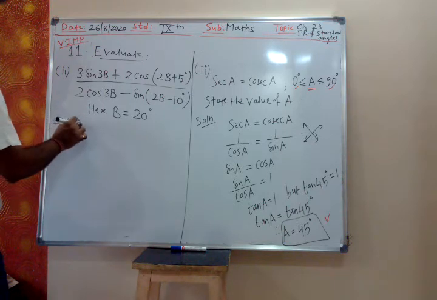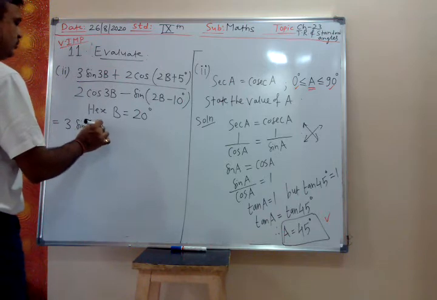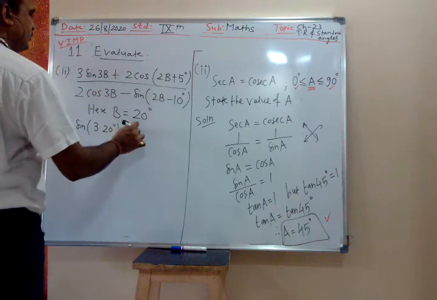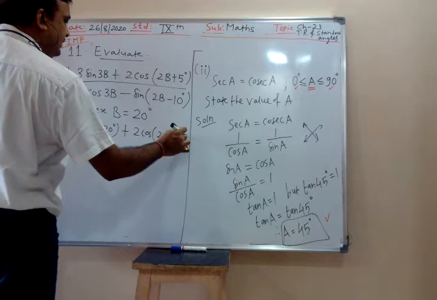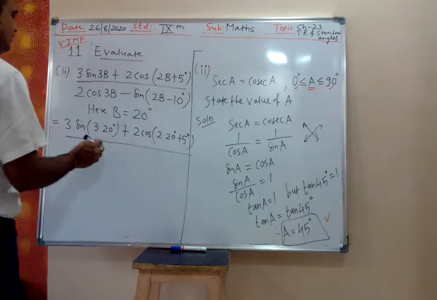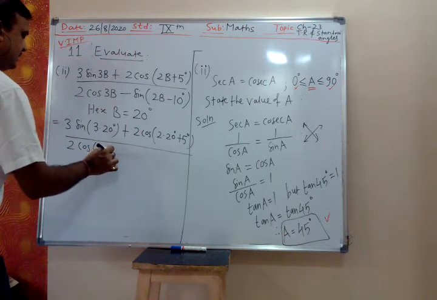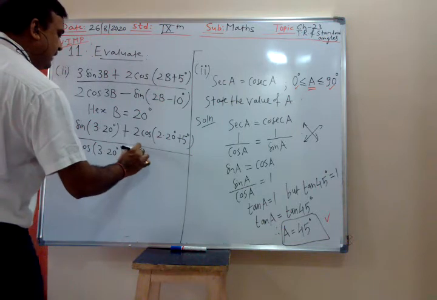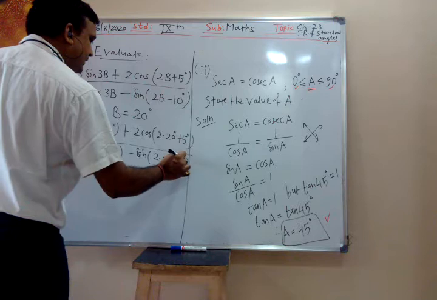So that will be 3 sin 3b. 3b is the angle, so I can write 3 into 20 degree, plus 2 cos (2 into 20 degree plus 5 degree), divided by 2 cos (3 into 20 degree) minus sin (2 into 20 degree minus 10 degree).